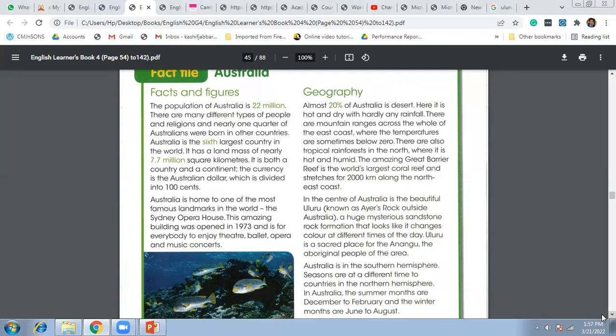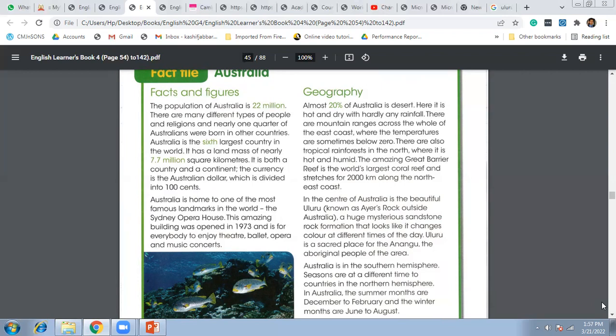This amazing building was opened in 1973 and is for everybody to enjoy theater, ballet, opera, and music concerts. As I showed you the pictures of the Sydney Opera House during the class.